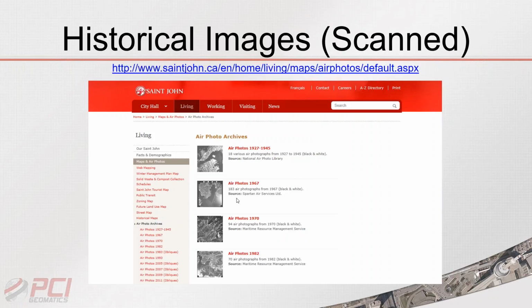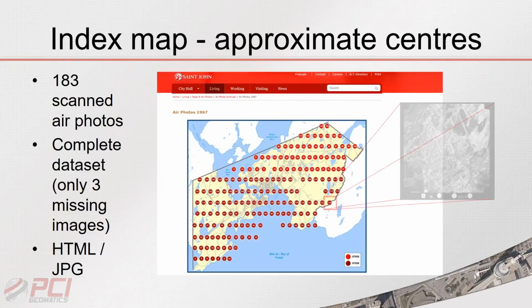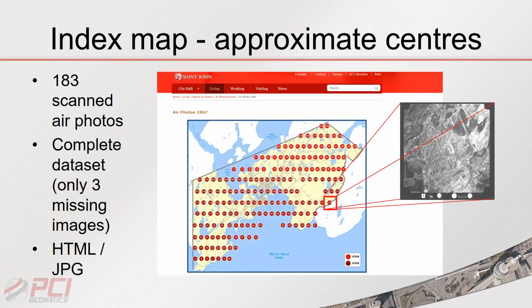But because each of the TIFF files were fairly large in size, we also saved each of these as JPEGs and created a simple web page that you see on screen now, where people could go and see where the photo centers were for each of those 67 photos. And if you clicked on one of the photo centers, it would bring up the photo so people could view them.